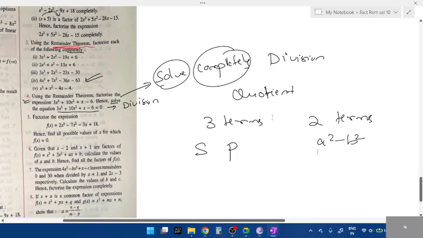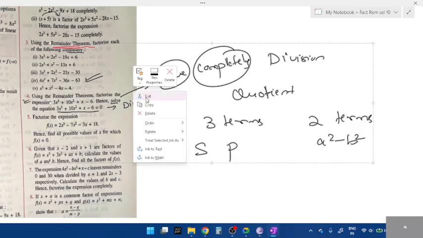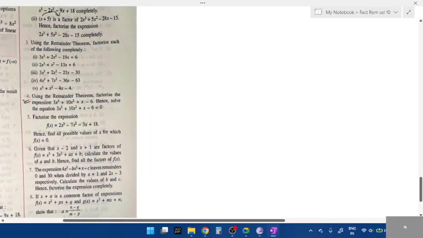Okay, look at the fifth question. I'll mark any 2 questions for homework. Factorize the expression 2x cube, hence find all. Again, is any x value given for the fifth one? Response, students. Any x value for the fifth one? The same concept.